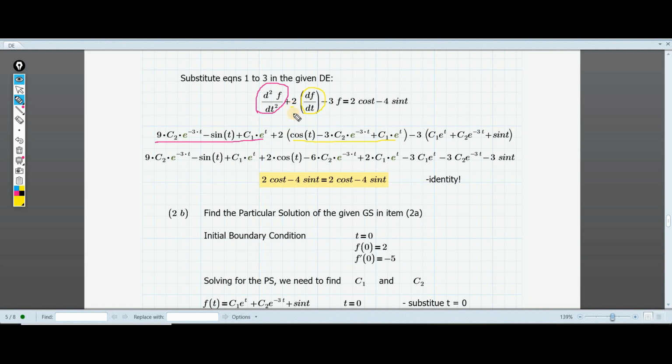So times 2, yung nasa labas. And then our f here is our f of t. Yung f of t natin yan, ito. And then, nakamultiply siya sa 3. So, dapat, pag sinolve natin ito, ang lalabas na sagot ay itong nasa kanan.